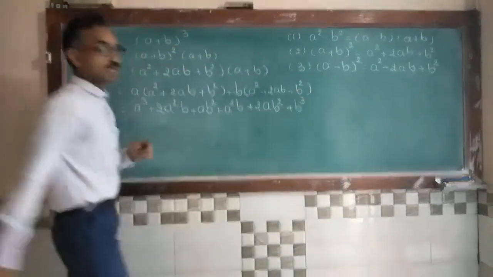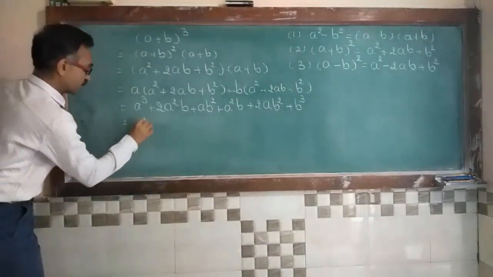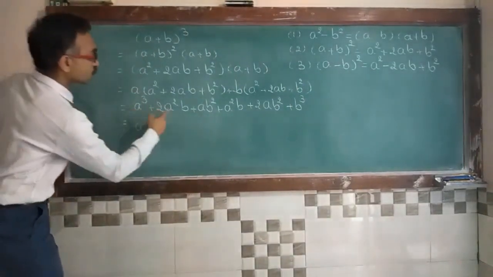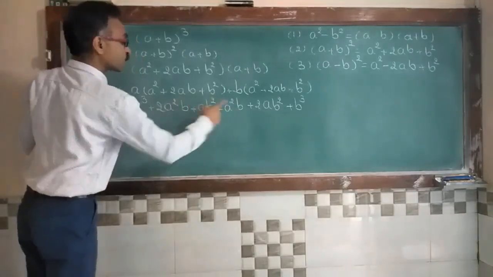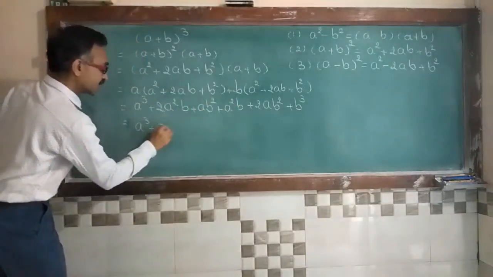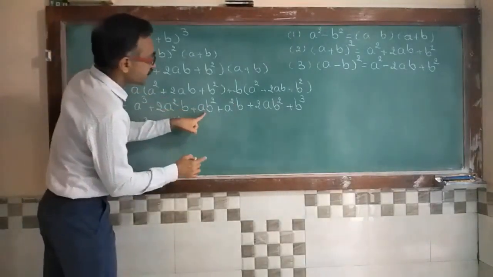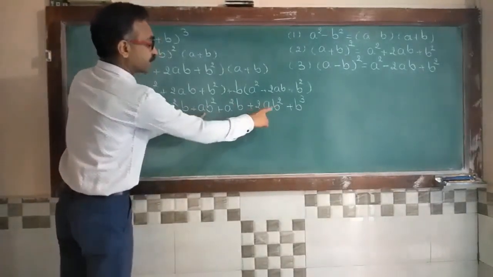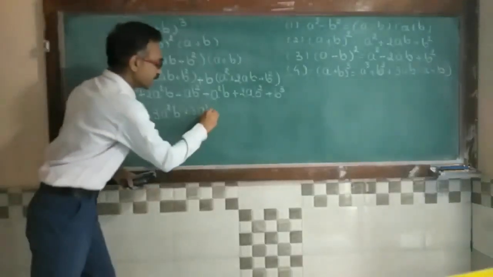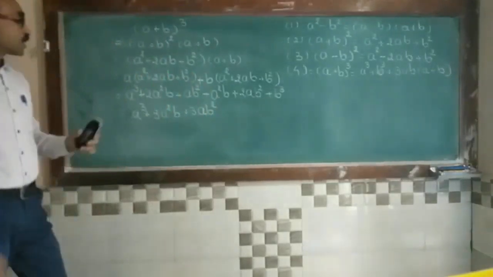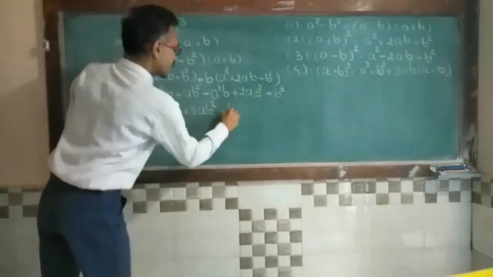Now a cube, then 2a square b and 1a square b, that means 2 plus 1, that is 3a square b. Again ab square and 2ab square, that means 2 plus 1, that is 3ab square. Now b cube.